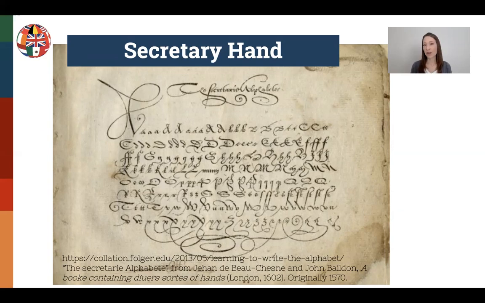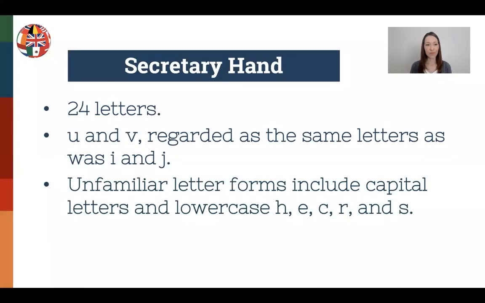There are 24 letters because the U and V are recorded as kind of the same letter, used interchangeably. And I and J, J wasn't a letter yet, even though you might see it at the end of a Roman numeral. And then there's a lot of unfamiliar letter forms in this. Like I said, the capital letters are really tough.